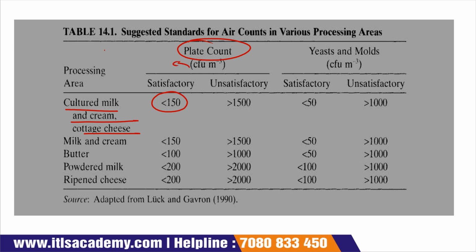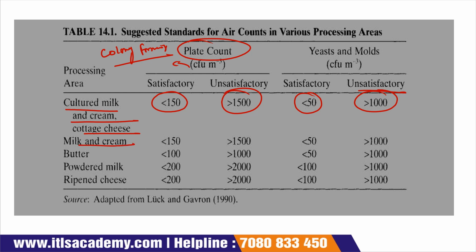CFU means colony forming unit. It is unsatisfactory if it is more than 1500. Yeast count less than 50 is satisfactory, and unsatisfactory if it is more than 100.